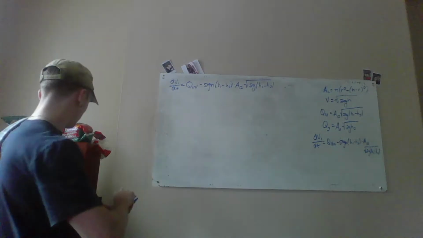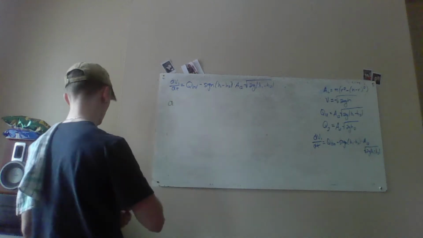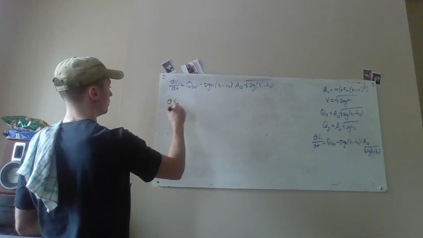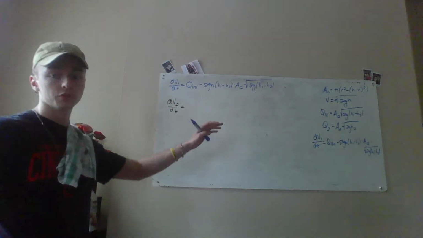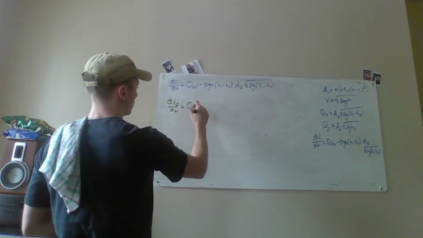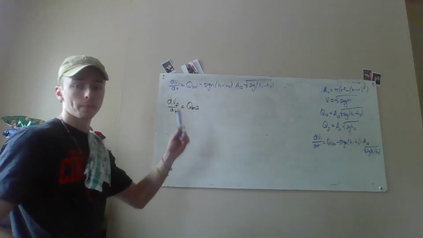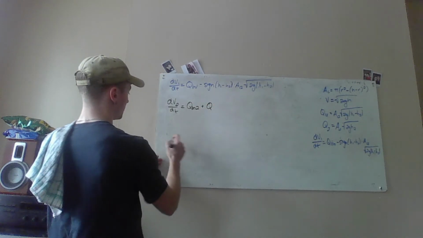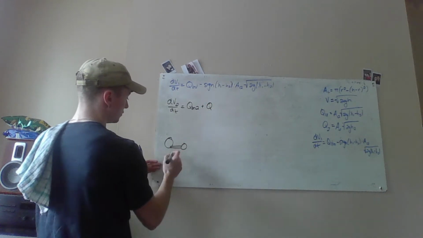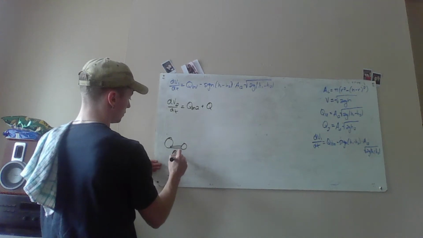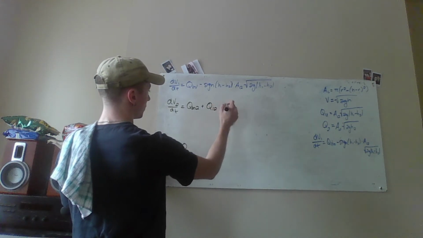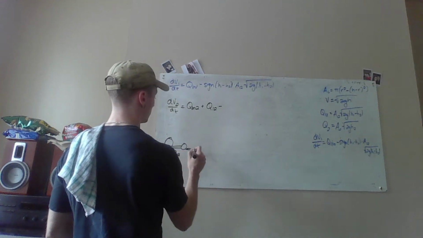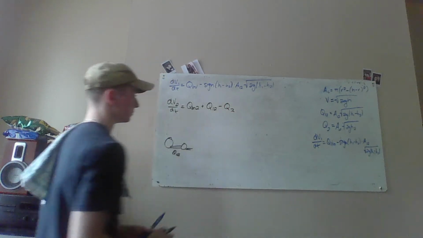So then we can say that for the flow rate of tank 2, the flow rate of tank 2 with respect to time is going to be equal to the flow of fluid into tank 2, Q in 2, plus the flow between these two tanks, which is Q12, minus the flow out of tank 2, Q2.